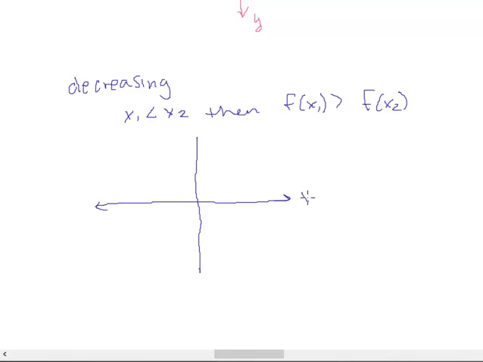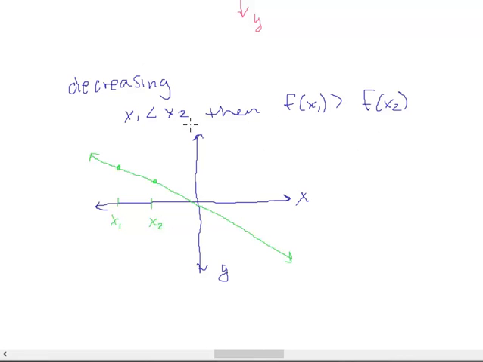So again, let's get our xy plane going. And I'll change my color for the graph. If it's decreasing, then it's falling from left to right. So this is a decreasing graph. And again, if x1 is smaller than x2, then it would be to the left of x2. And then you can see that those corresponding y values, f of x2 in this case, would be smaller than f of x1.